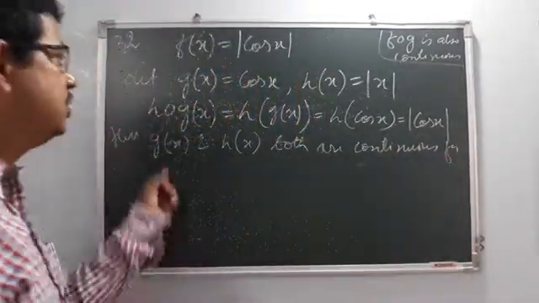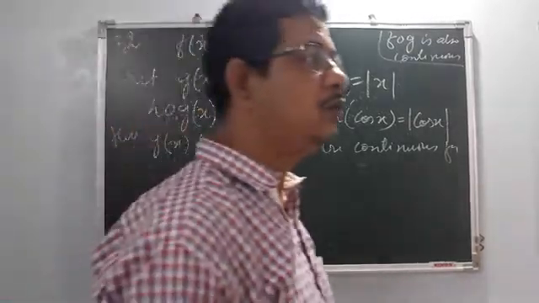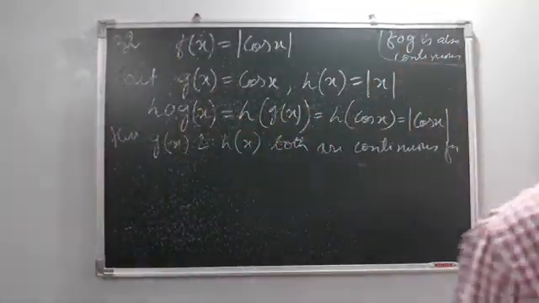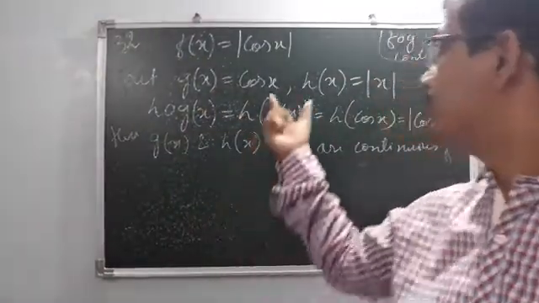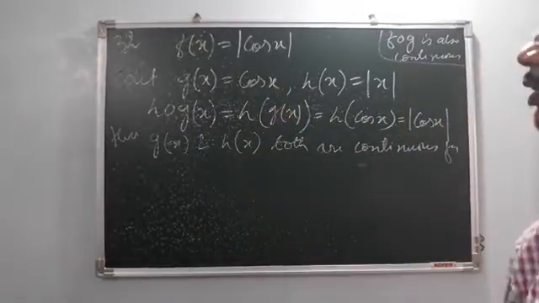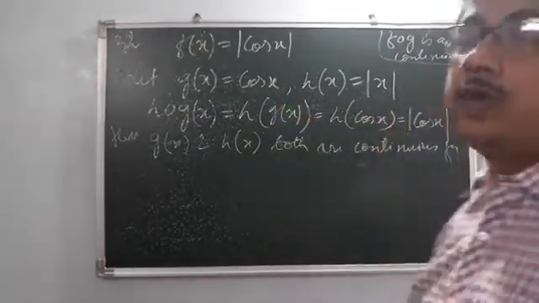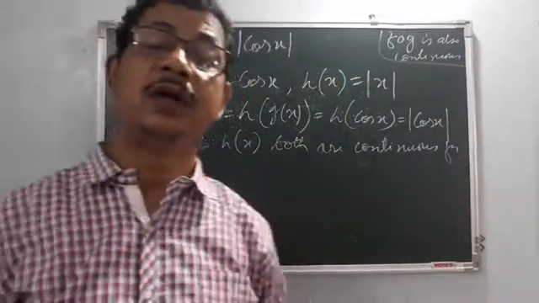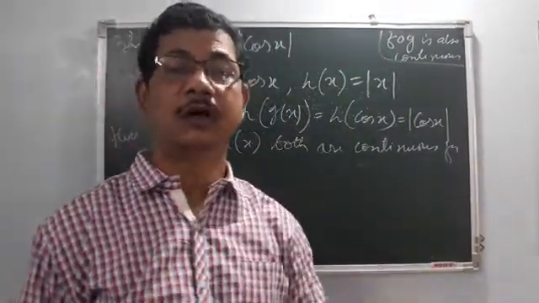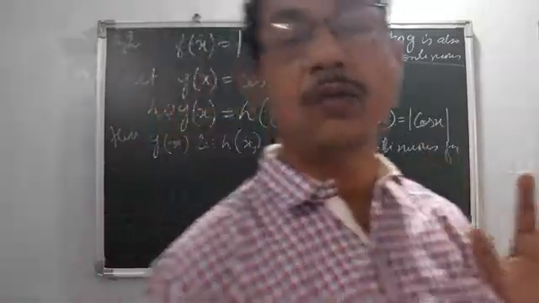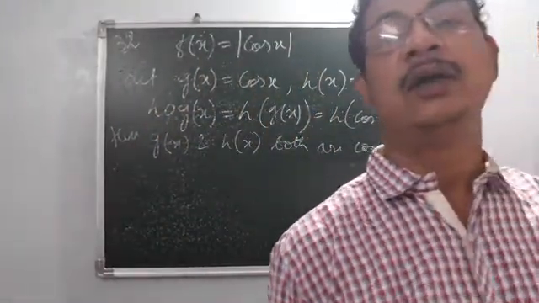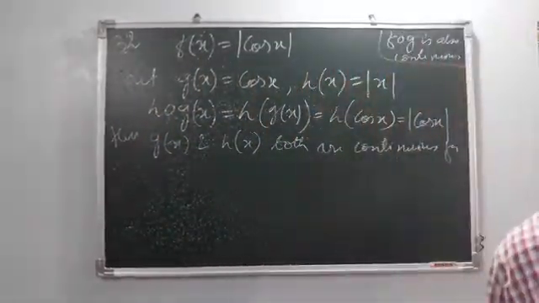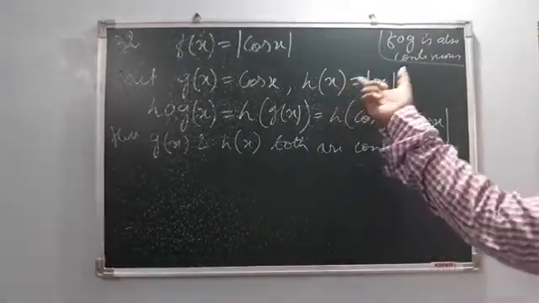Now see how g(x) is continuous: every trigonometrical function, that is sin x, cos x, is continuous, so g(x) is continuous. The modulus function is also continuous, but one thing you have to remember: the modulus function is continuous but not differentiable. It is continuous, but you cannot take the derivative of the modulus. So both are continuous.